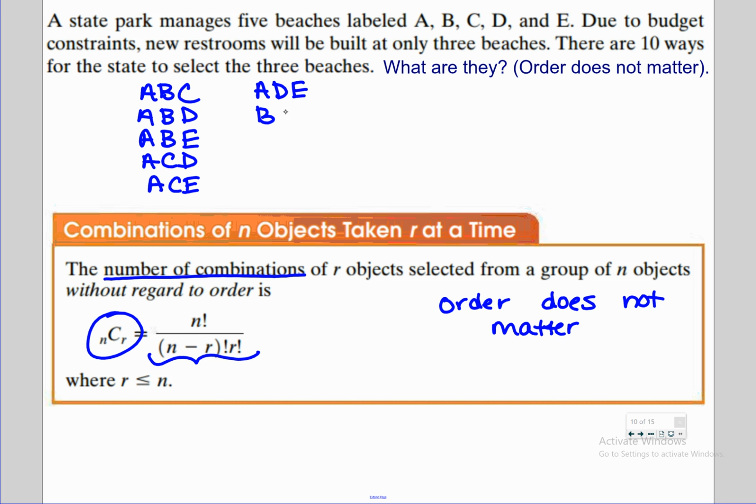I could use B, C, D, or B, C, E, or B, D, E, or C, D, E. Those are my 10 ways. Okay. And none of those sets have identical sets of 3 beaches, I guess. So there are 10 different ways for that to happen. Okay. CDE is the same as EDC. We'll make those selections. All right.